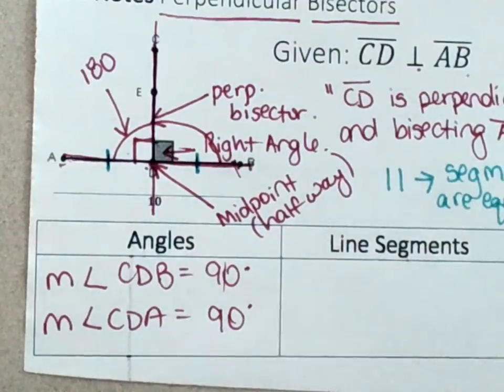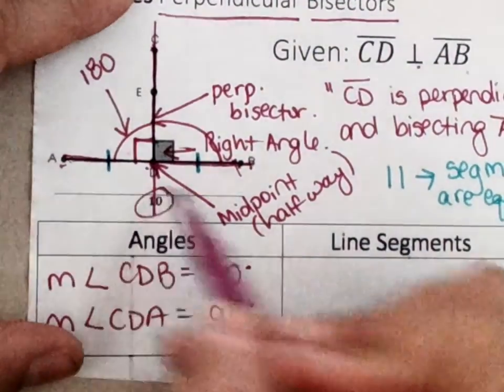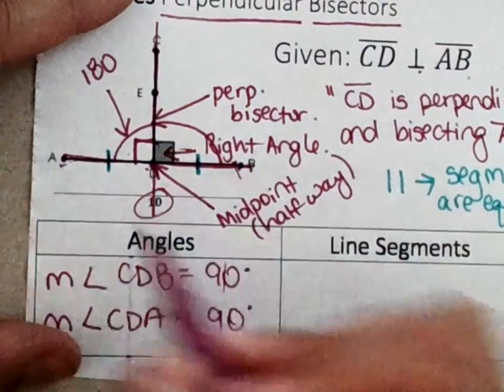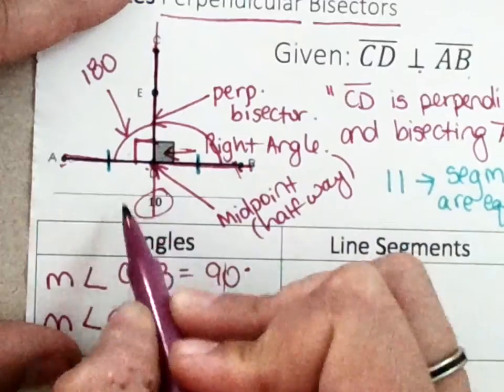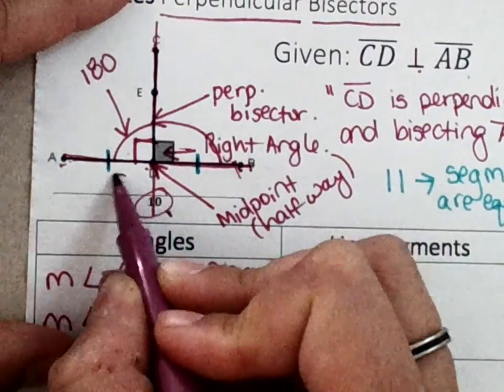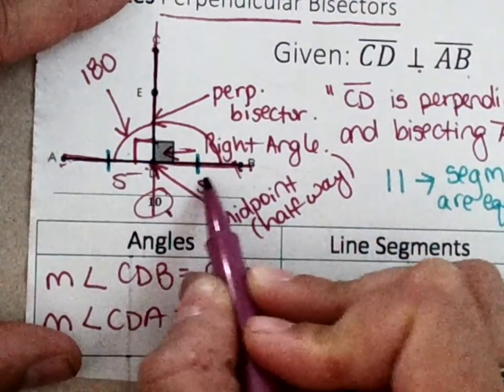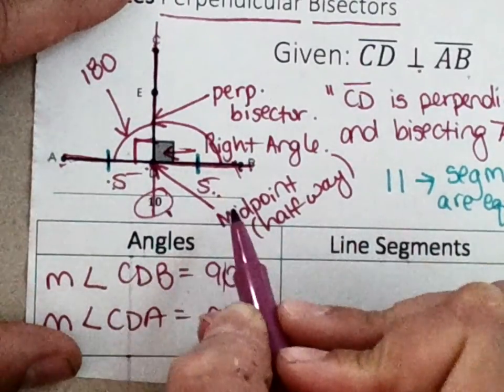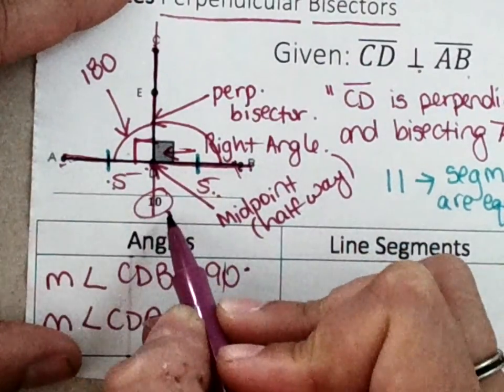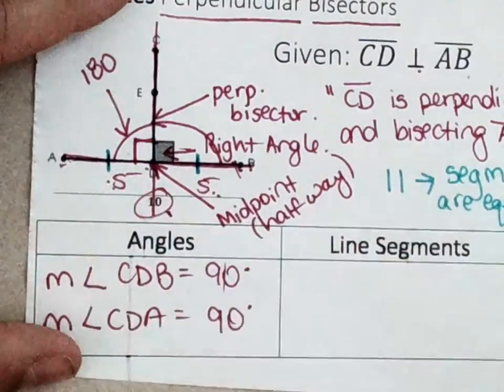So if the entire line segment, AB, is 10, which is notated down here, we can say that this has to be equal to this. Therefore, we can cut 10 in half. This is 5, and this is 5. They have to be the same length, and because the entire length is 10, each one must be 5 since there are two.